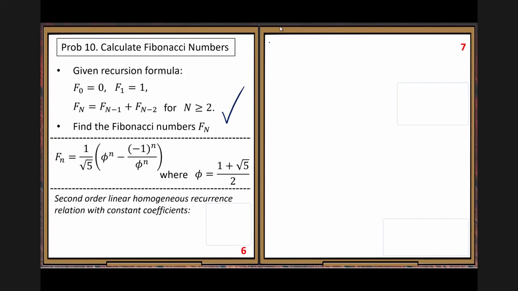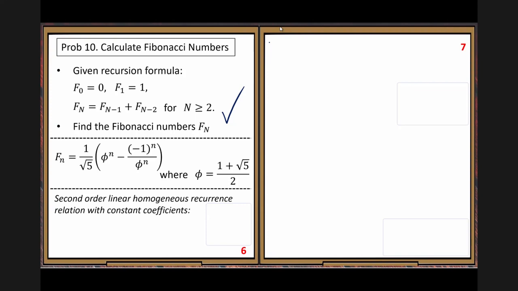First, let's look at its name. It has a long name, but let me explain why we call it this. Second order linear homogeneous recurrence relation with constant coefficients. Why is its name so long?